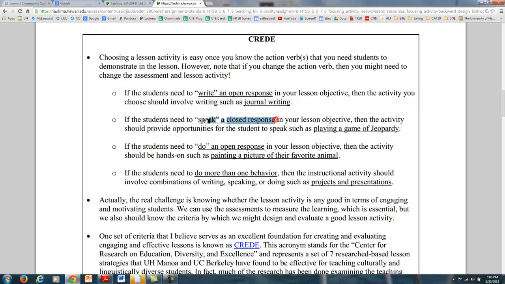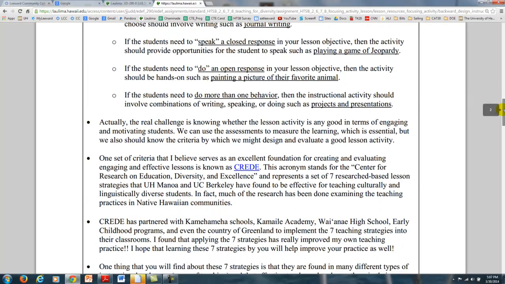If they need to speak in a closed response, I'm going to play a game of Jeopardy. If I need them to do something, which is an open response, paint a picture of their favorite animal. If they have to do more than one behavior, a complicated behavior, then we go into the more complicated stuff like projects and presentations. But I know that I am now choosing correctly.